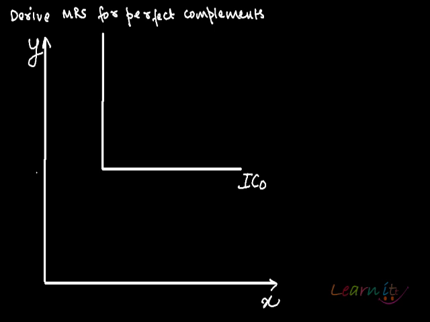MRS is the amount of Y you need to give up in order to get one more unit of X. Supposedly you are at this point. You are at Y1 and this much amount of X1 is there.